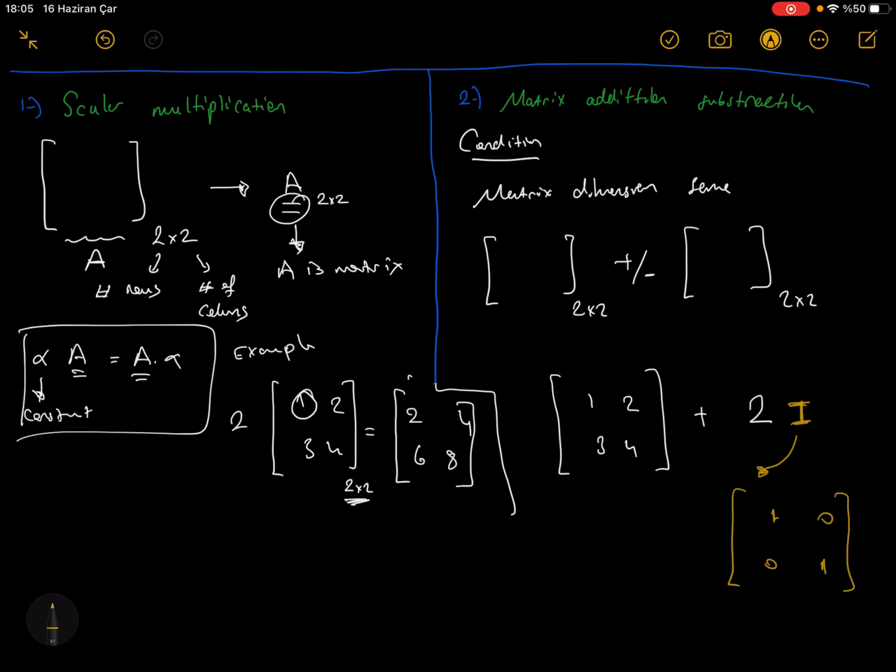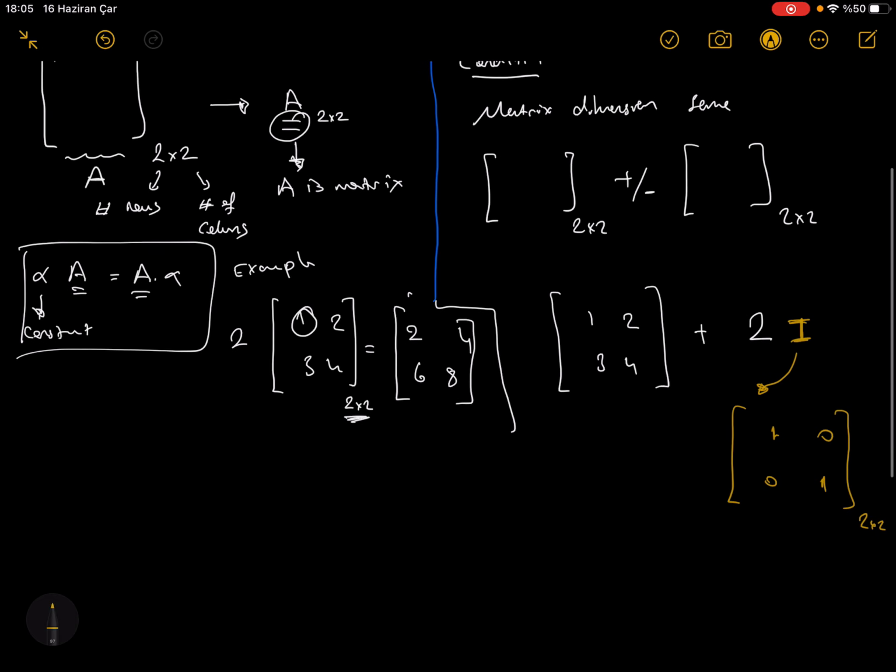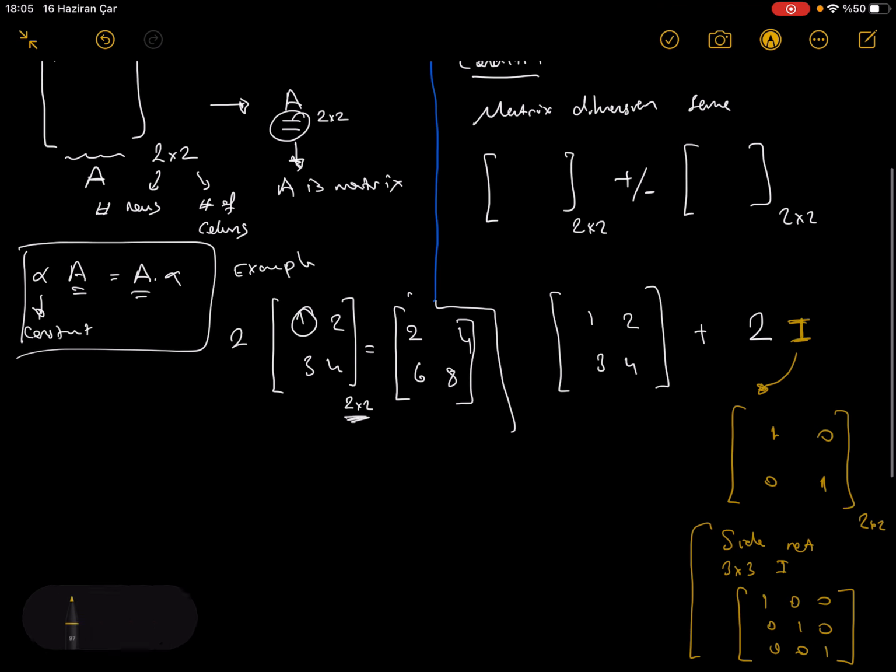This is the identity matrix for 2 by 2. As a side note, the 3 by 3 identity matrix is 1, 0, 0, 0, 1, 0, 0, 0, 1. You can see the pattern: you have 1 on the diagonal part, and the rest of them become 0.